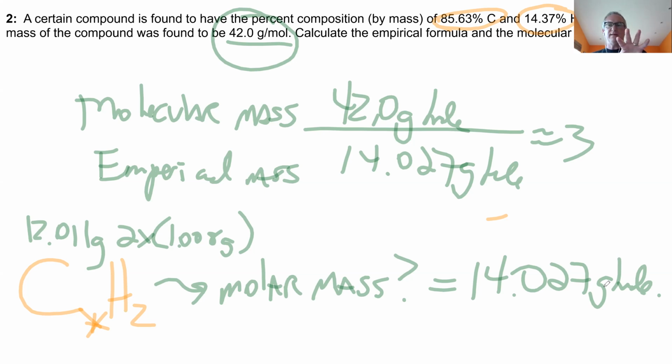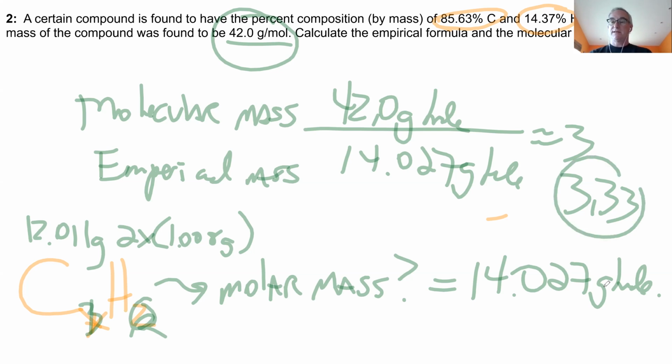What you have to be wary of is if you get a ratio of something like 3.33. That should tell you that maybe there's something wrong with one of your calculations. If you can change a 3 to a 10 using this, it's fine.